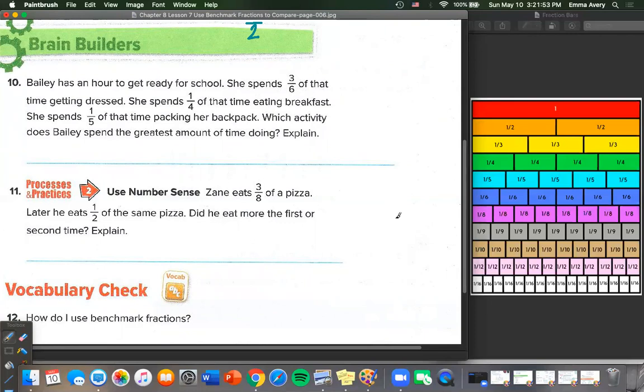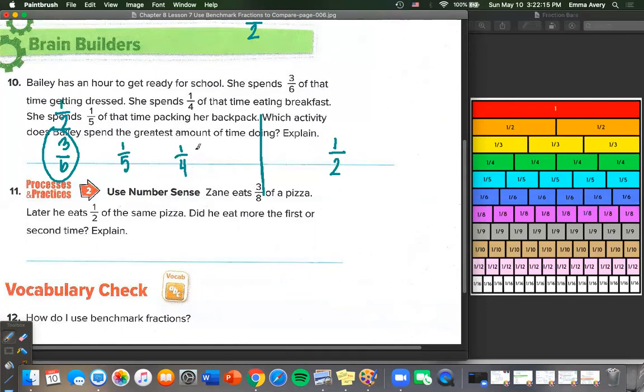So really what we need to do is order these to see which one is greatest. So we have 3/6, 1/5, and 1/4. Well, I notice right away that 3/6 simplifies to 1/2. So I'm going to put 1/2 over here.